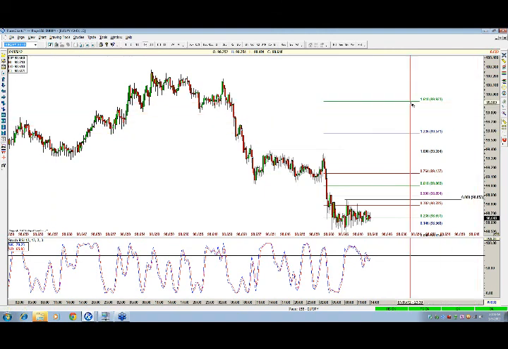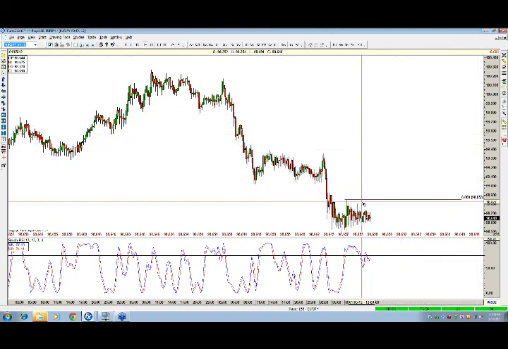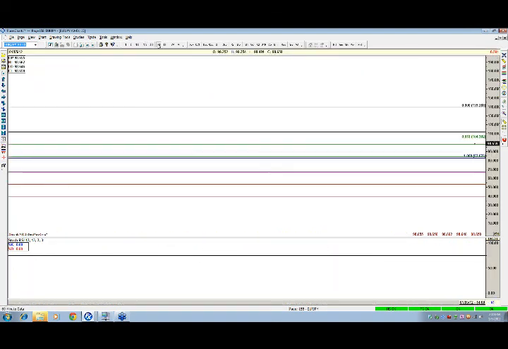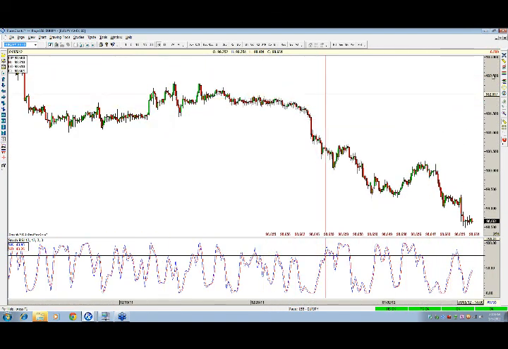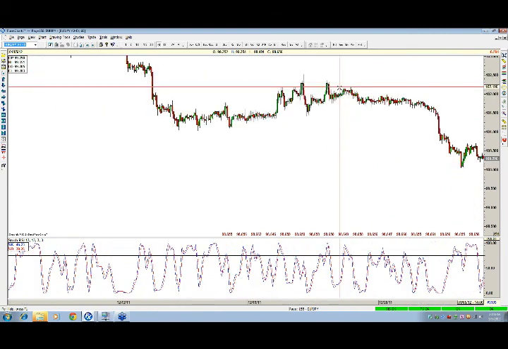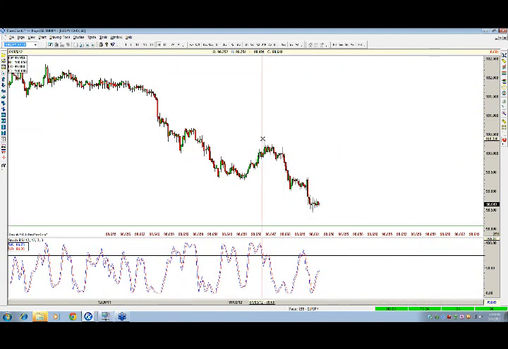Because let me see the 1 hour, how it looks. You see, the euro yen is telling you, Zach, that this is a 5-wave move. You know how it works. 1, 2, 3 to the lows.